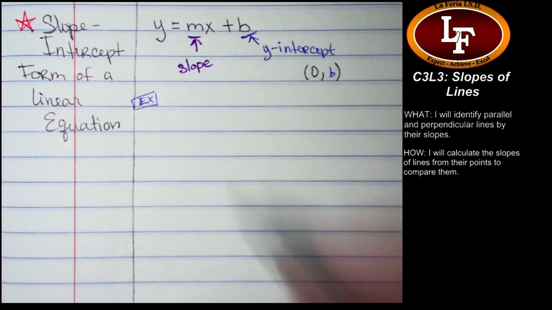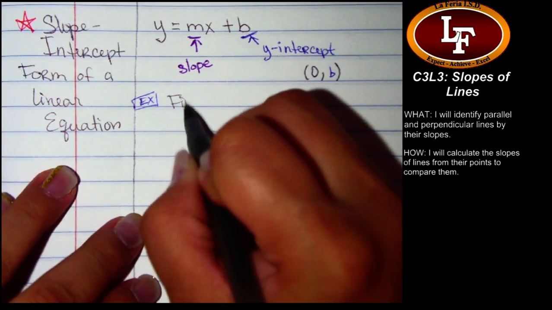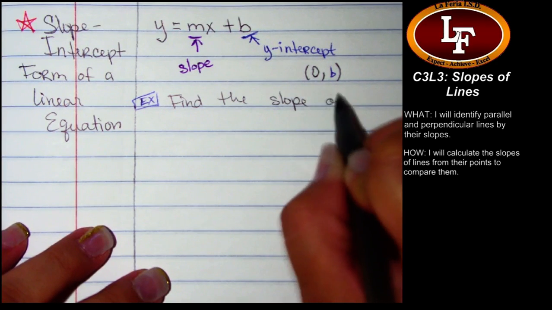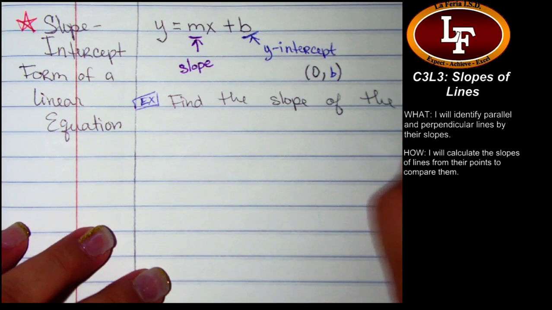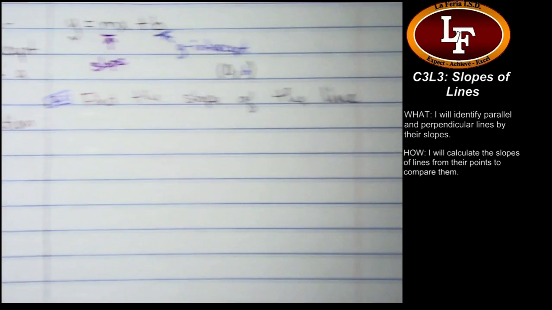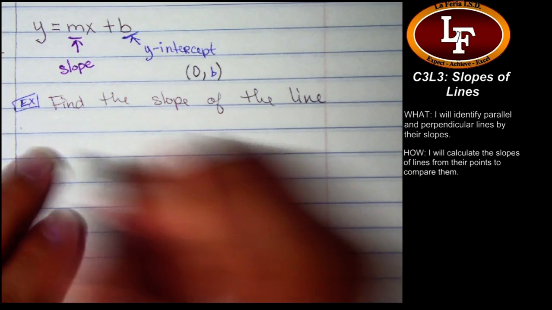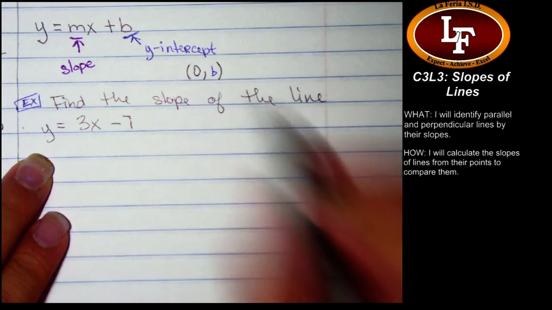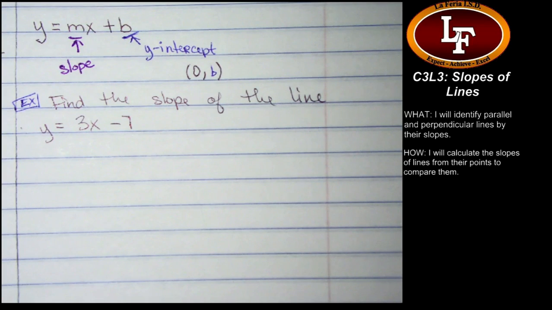You're going to be asked to find the slope of the line with the following equation: y equals 3x minus 7.